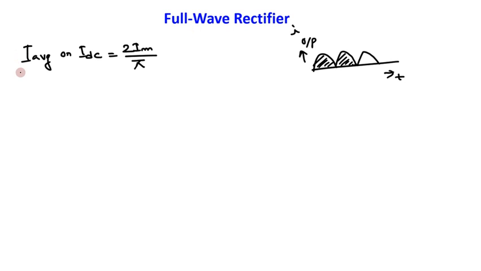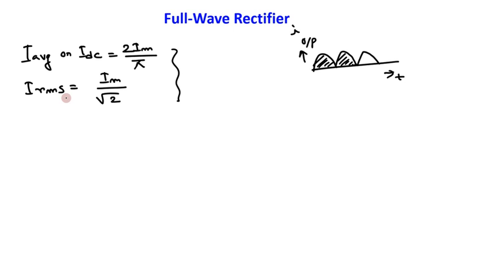Now what about IRMS? IRMS for the full wave rectifier would be Im by root 2. We are not deriving this here for the full wave rectifier because we have already done this for the half wave rectifier. I request you to please do this exercise and derive these things, the values of IDC and IRMS.